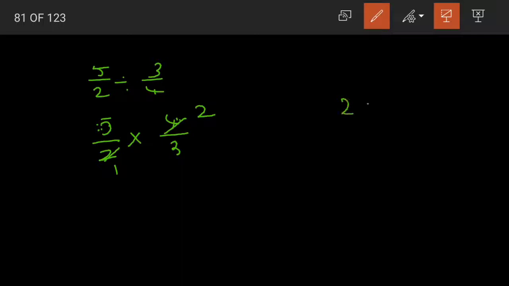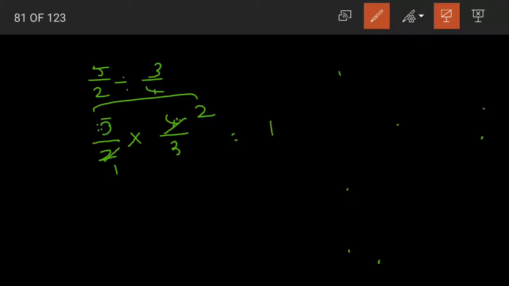Suppose I have 2 into 4 by 1 into 3, I cannot go 2 ones are 2, 2 twos are 4. This is not possible. I can cancel a numerator and denominator together. We cannot go for both numerators or both denominators. Let me erase this.